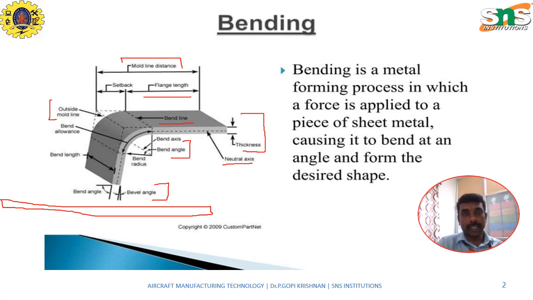Due to the elasticity, some amount of thickness is sacrificed, so the length is increased after the operation. That allowance, measured from the two lines of flange length, that is the bend line, is called the bend allowance, and the total length utilized for bending is taken as the bend length. Since the total length of the material is bent here, this length is called the bend length. So these are a few characteristic features of the bending operations.